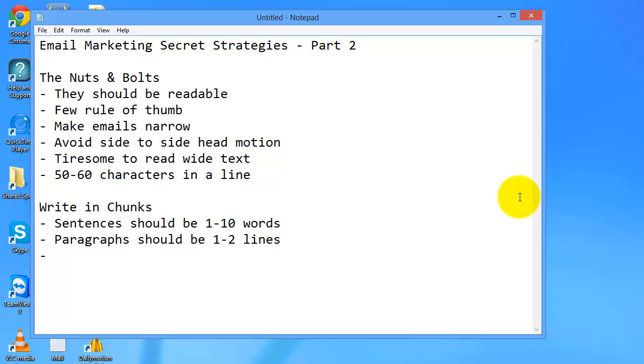It is easier to read when things are in chunks and in small sections. And as I've already discussed, each line should be 50 to 60 characters, with lots of white space.